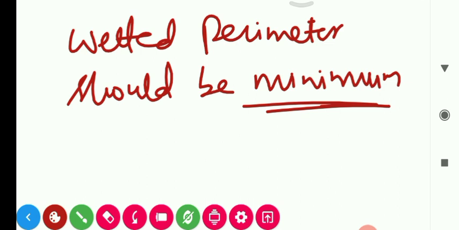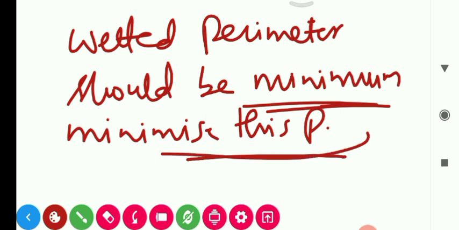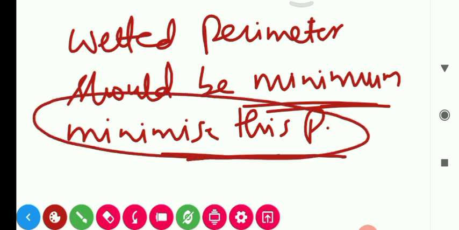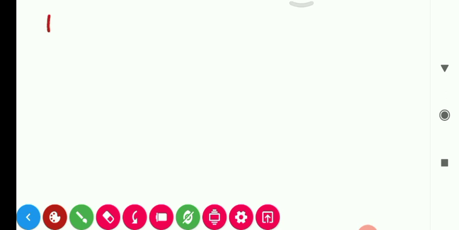Okay, so while we will deal with certain kinds of sections, rectangular section or trapezoidal section, we always need to minimize this perimeter, okay, by differentiation. But while minimizing this perimeter, we will increase the value of R, which will accordingly increase the value of discharge.